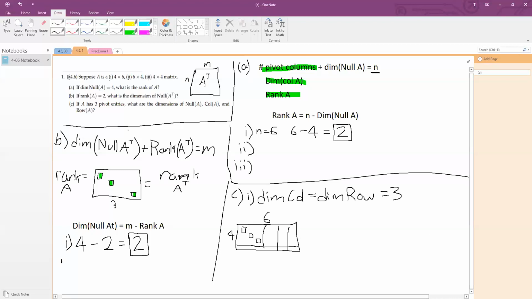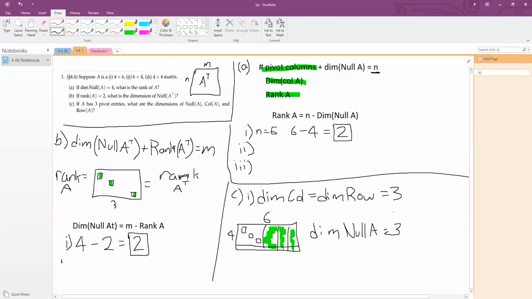And we're interested in the dimension of the null space of A, so we care about the columns here. And it's just going to be 6 minus the 3. So these 3 columns are each going to be a null dimension. And the dim null A then equals 3.